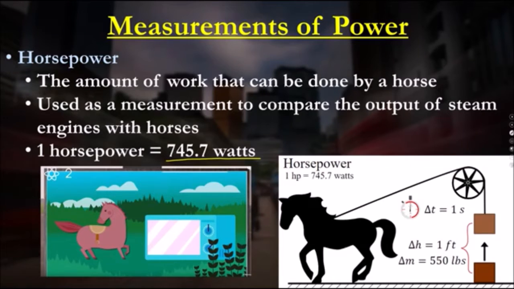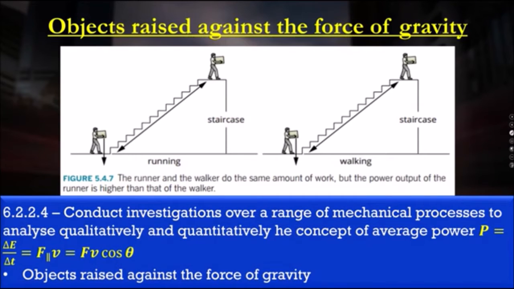It's an old empirical unit: if a horse was trying to lift an object of 550 pounds up 1 foot in 1 second, that's technically what a horsepower is. In terms of how they measured it back in the day or how they defined it, I don't really remember, but you can always search that up. Objects raised against the force of gravity.